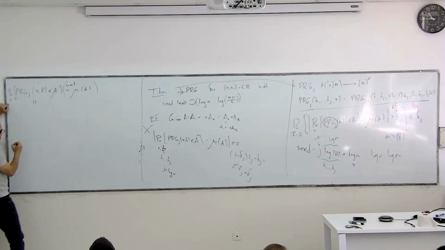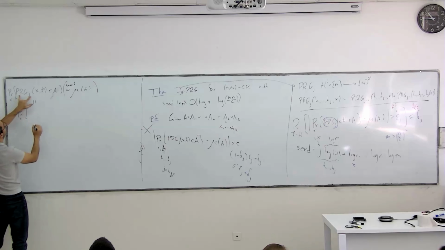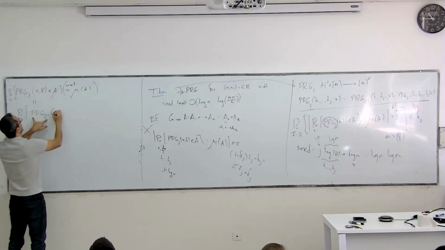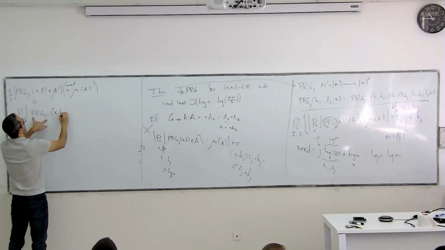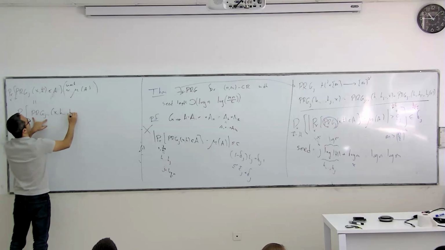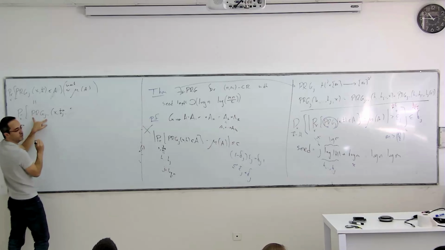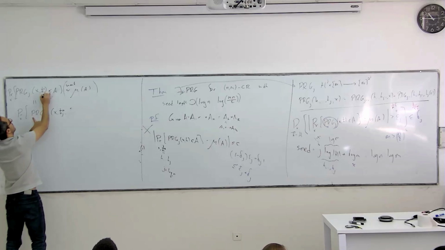But this thing is equal to the probability over X that, and I'm just going to write this PRG by definition. On the left, it uses the recursively obtained PRG with X, and let me be more explicit here: H j minus 1 vector, let's put the vector j here.